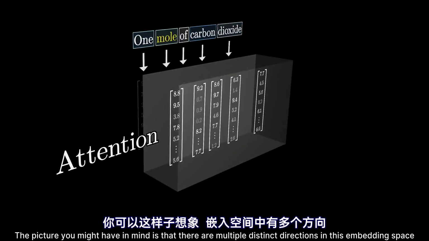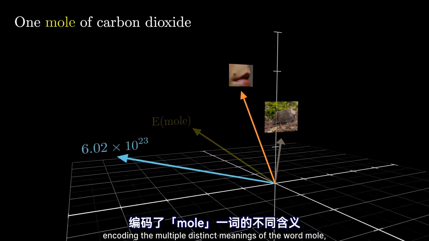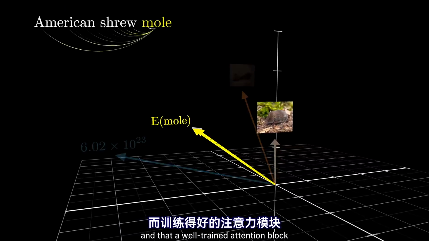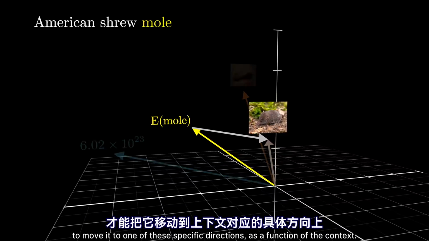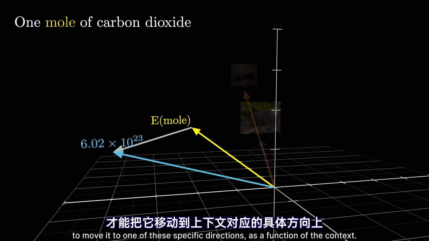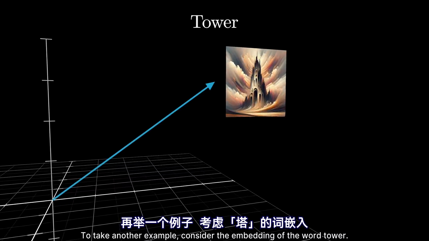The picture you might have in mind is that there are multiple distinct directions in this embedding space, encoding the multiple distinct meanings of the word mole, and that a well-trained attention block calculates what you need to add to the generic embedding to move it to one of these more specific directions, as a function of the context.